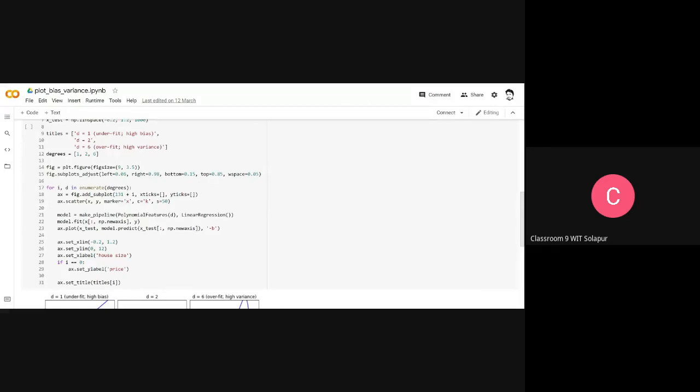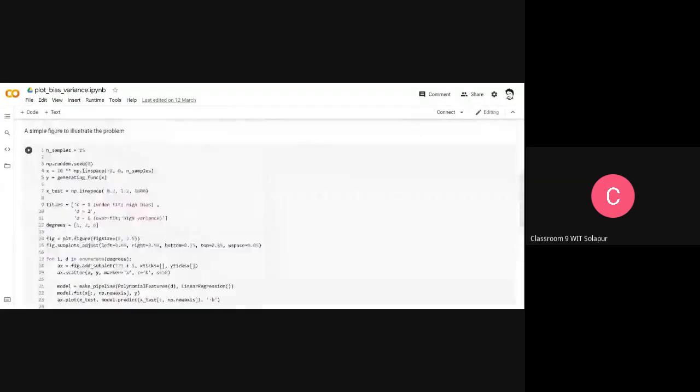So the next subsequent question follows. We are trying to learn based on whatever we have learned, and I'm just quickly trying to recap. The next question is: more the model's complexity, more the tendency to overfit.